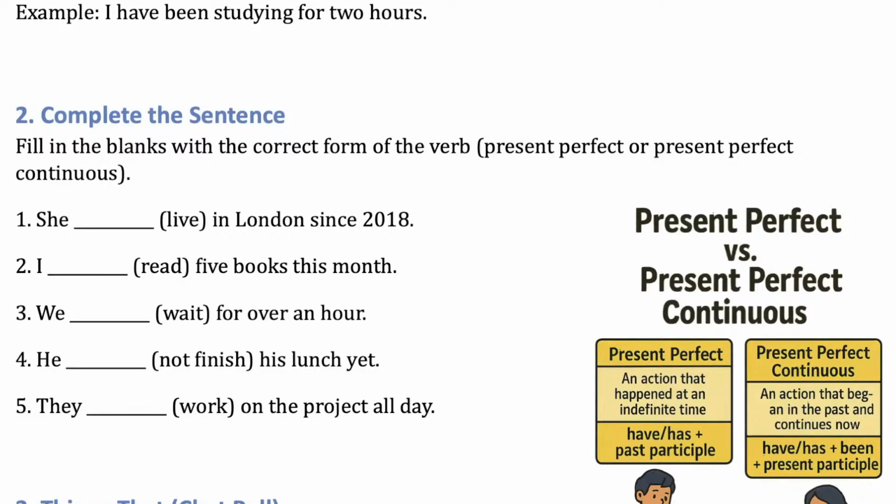Okay, Katie, 4. He hasn't finished his lunch yet. Yeah, good, good. Helga, they have been working on the project all day. Christina, I have been reading 5 books this month. I think it's better if you say, I have read 5 books this month.